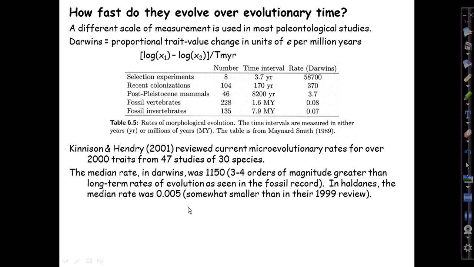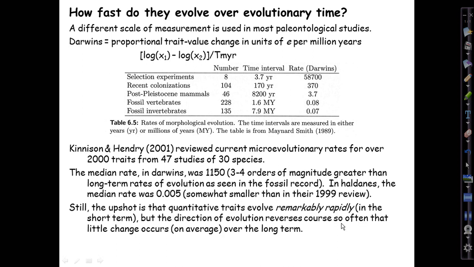The median rate in Haldanes in this larger, newer data set was about 1/6 of what it was in the 1999 review, around 0.005, but nonetheless, even that is a rate of quantitative trait change that would be vastly higher than what happens over the long term in evolution.